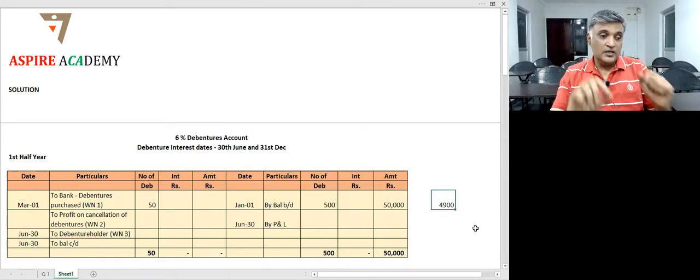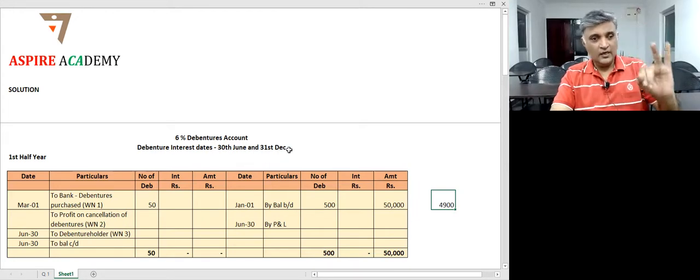Out of which, how much is interest? Look at the interest dates. I would have paid the interest on those debentures till 31st December, which means I need to pay accrued interest when I am purchasing the debentures in the open market. The debenture interest is already accrued for 2 months, January and February, correct? So we need to pay interest for those 2 months.